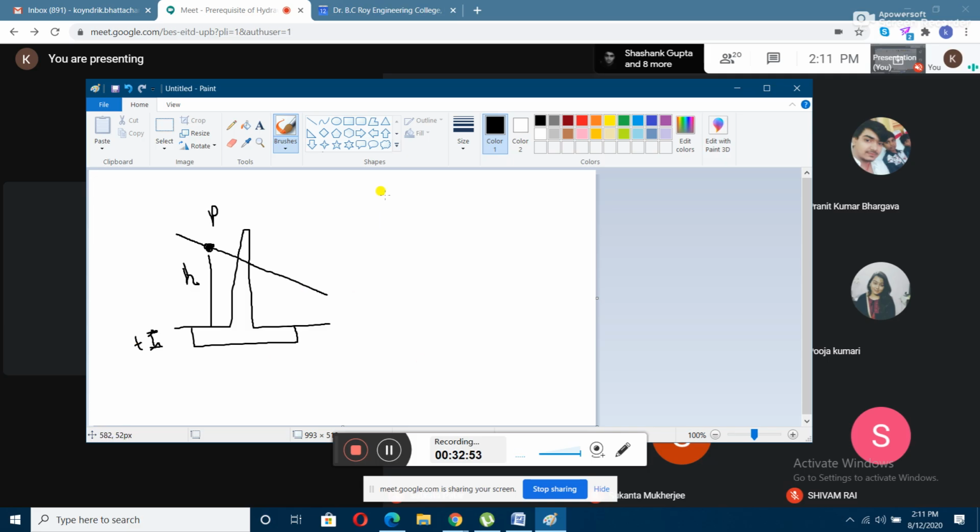The total height from the base of the floor up to the point P let it be denoted by H dash.